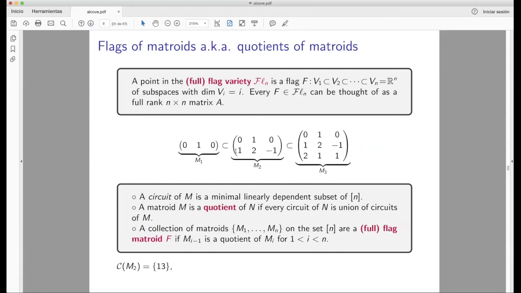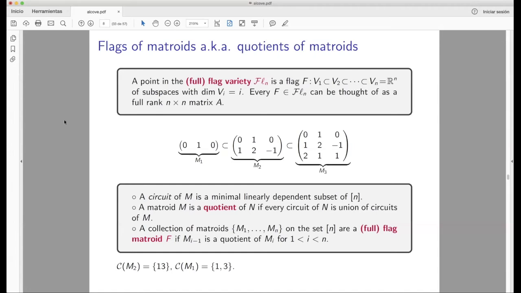So the subset 1, 3 is the only minimally linearly dependent set of columns. And the circuits of the first one, as we said, are the sets 1 and 3. M1 being a quotient of M2 can be verified because the only circuit of M2, which is 1, 3, is a union of the circuits of the smaller one, which are 1 and 3.